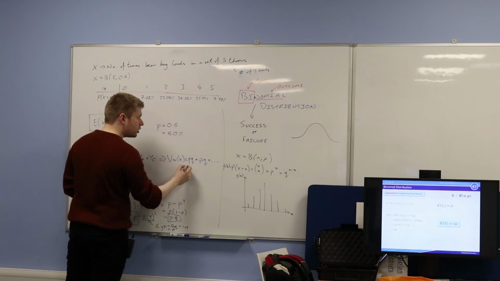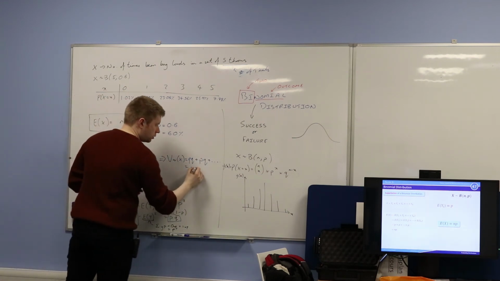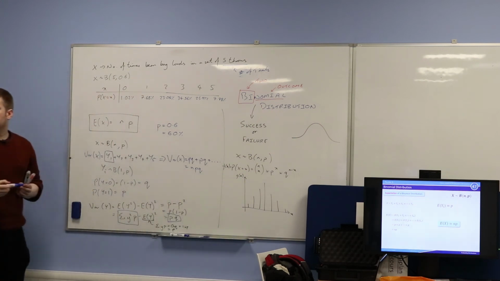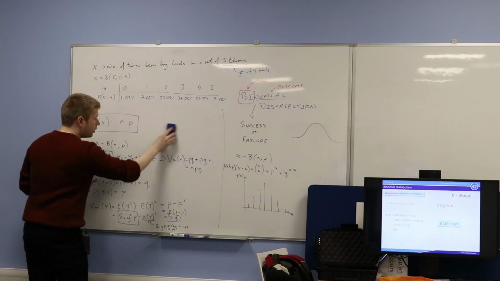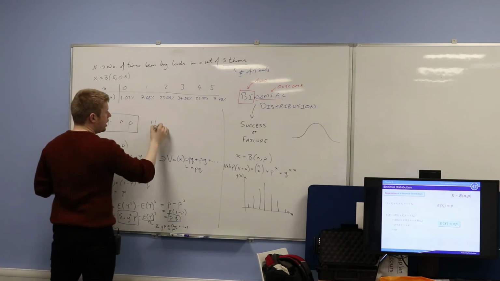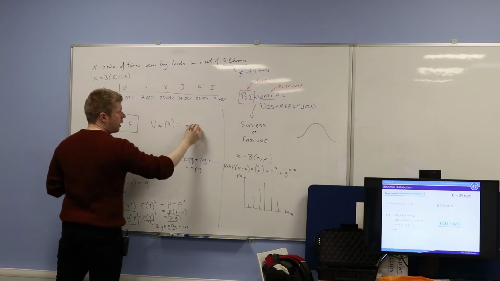So how many times are you going to be adding pq together? N. So there you go. What I can say up here is that the variance of x is just going to be npq.